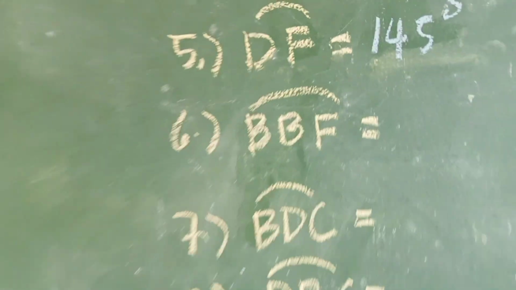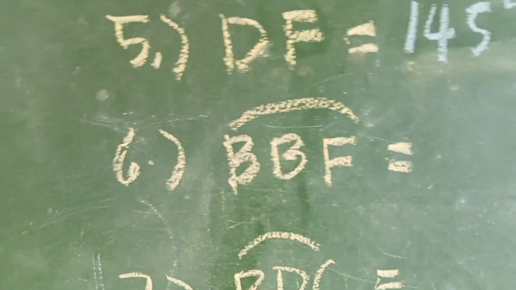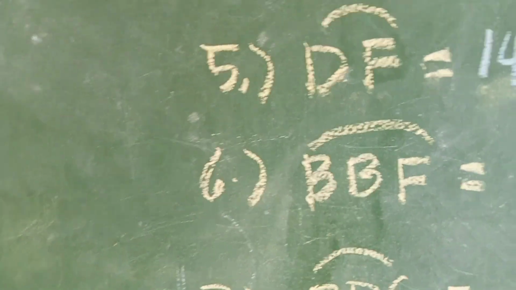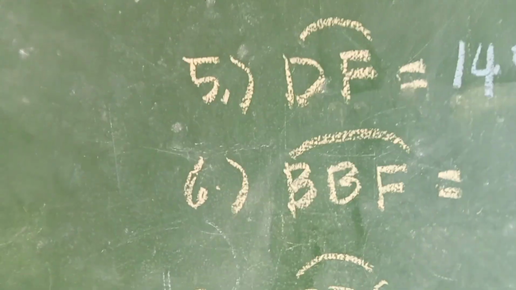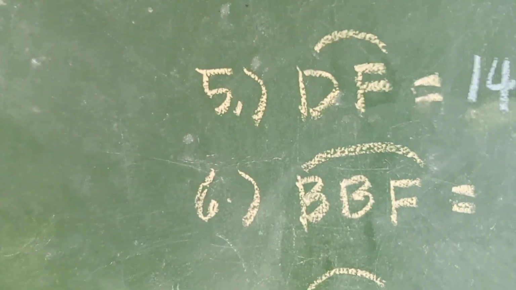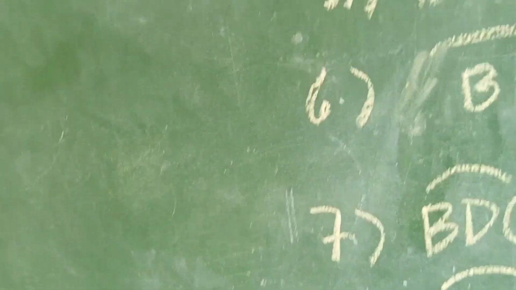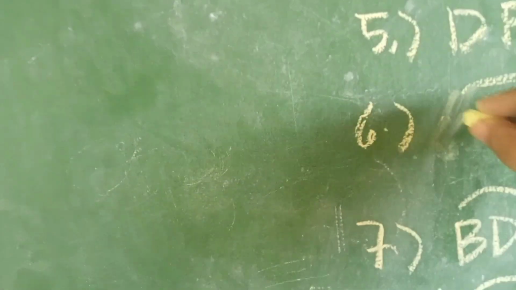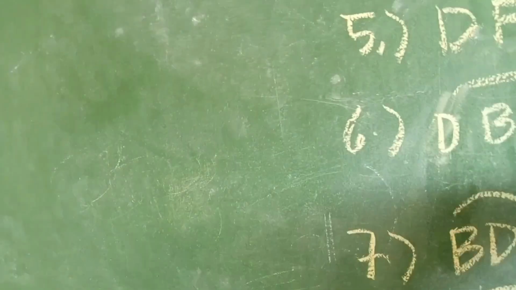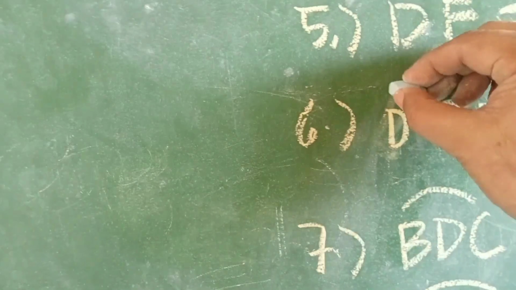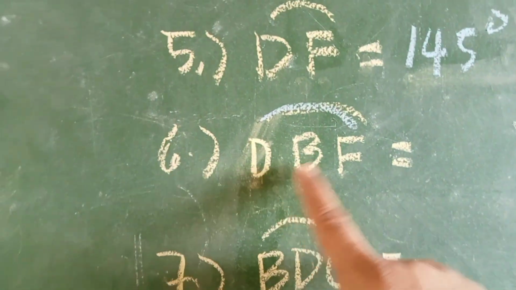Let's continue with the next number, number 6. Find the measure of arc DBF.